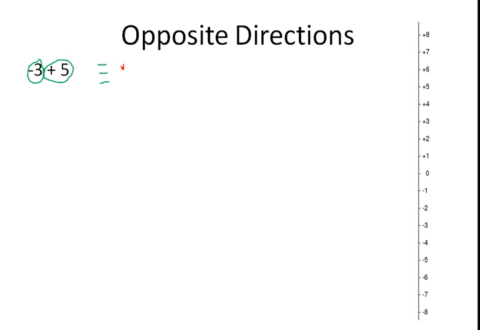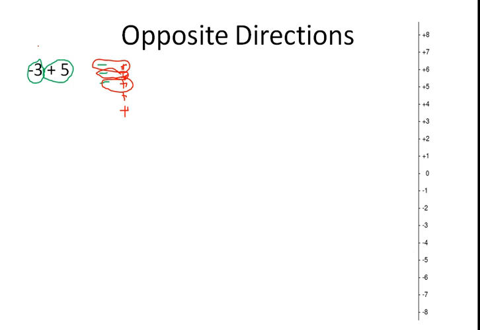So 1, 2, 3, 4, 5. And the negative and the positive cancel out because -1 and +1 is just 0. That's 0. And this is 0. So we're left with 2 positives.